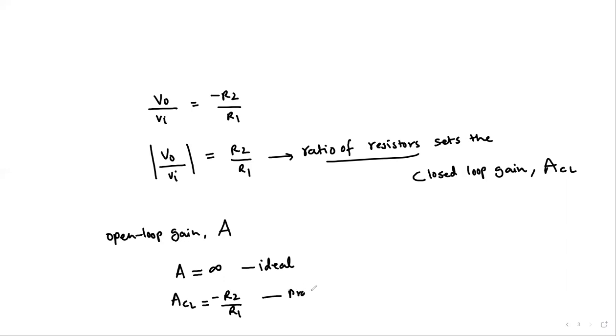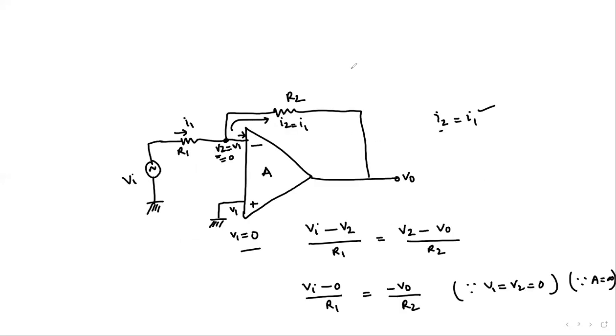That is the practical case. We will always use the operational amplifier in a feedback configuration. And since the sign is negative, this configuration is termed an inverting amplifier.